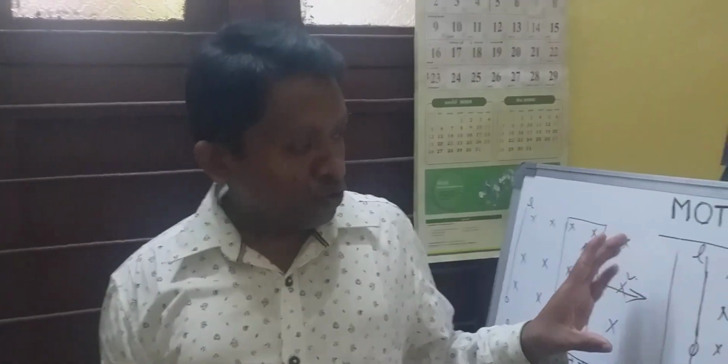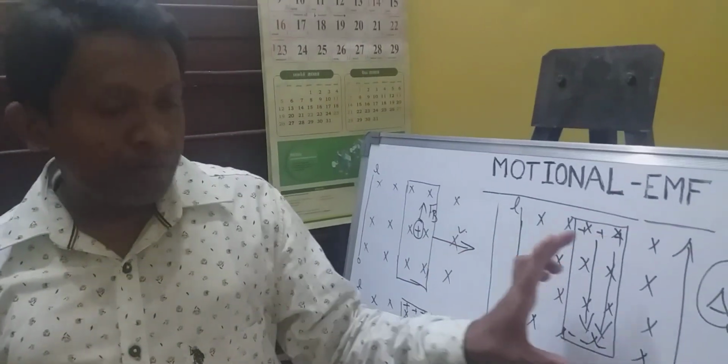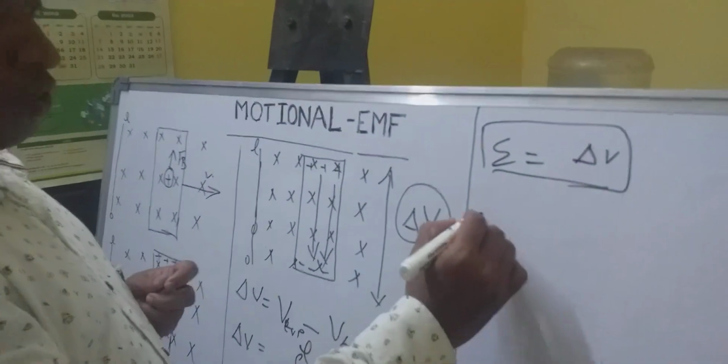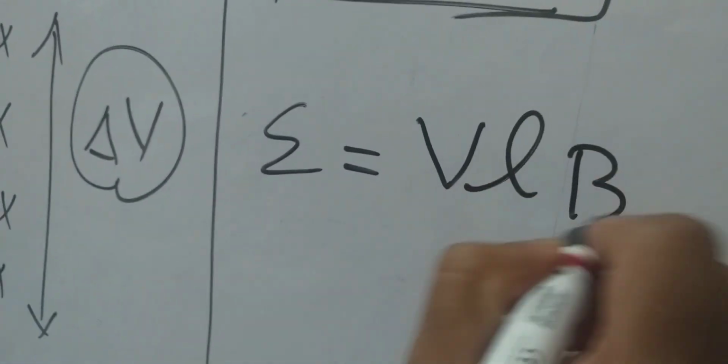When the conductor is moving with velocity V perpendicular to the magnetic field, the electromotive force epsilon is equal to VLB.